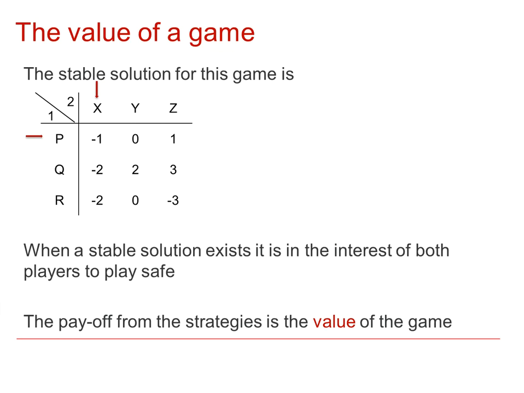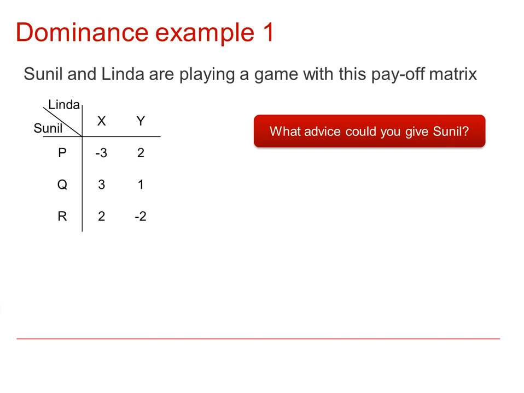Okay, I now want to turn my attention to looking at the idea of dominance. Have a look at this situation and ask, what would you do in Sunhill's situation? What advice could you give? Just spend a little bit of time looking at the different rows and deciding if there's any particular advice you could give.